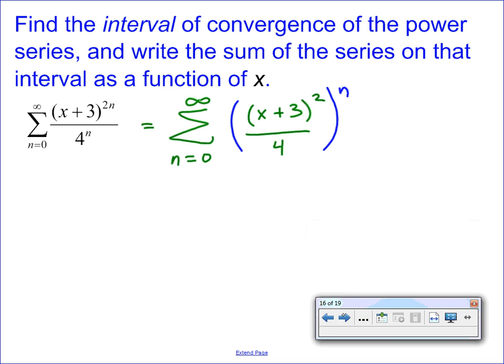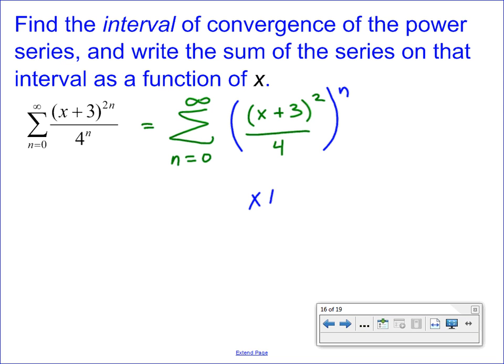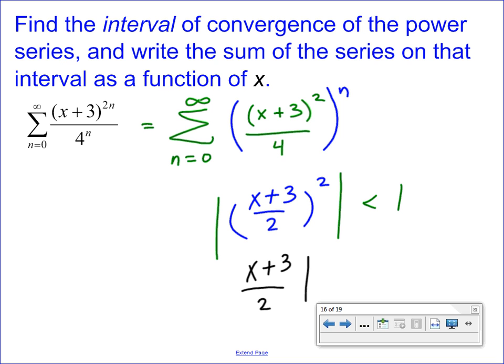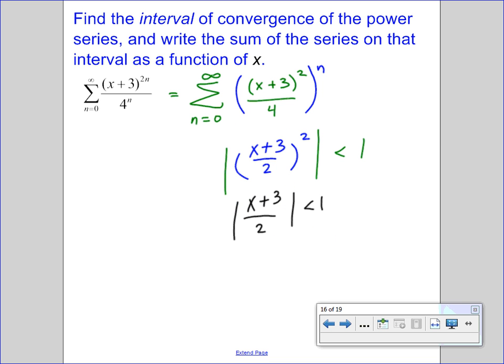So let's go ahead. We need x plus 3 over 2 squared to be less than 1. We know that happens if the absolute value of x plus 3 over 2 is less than 1.